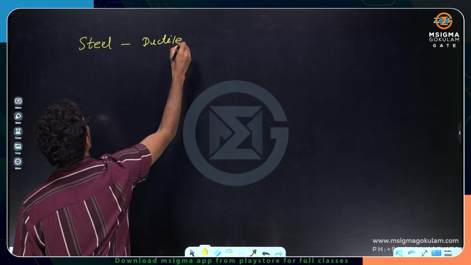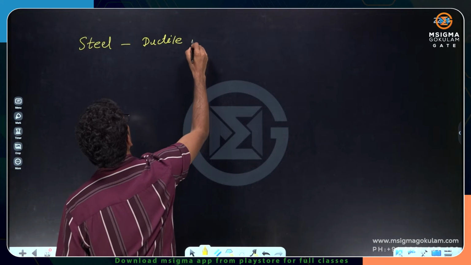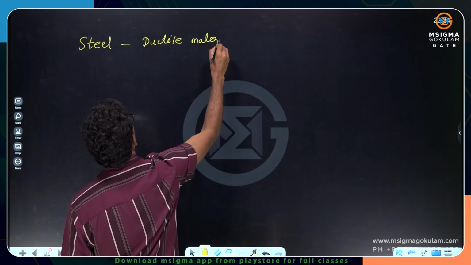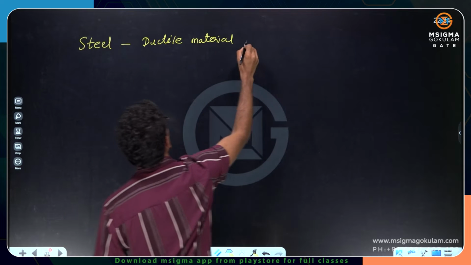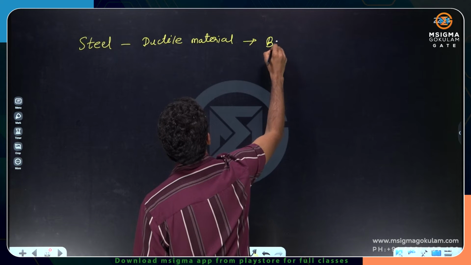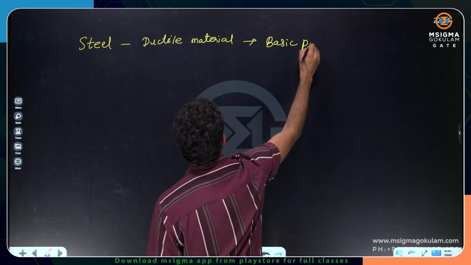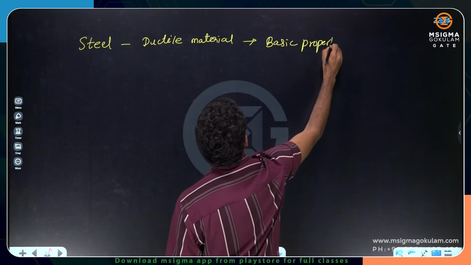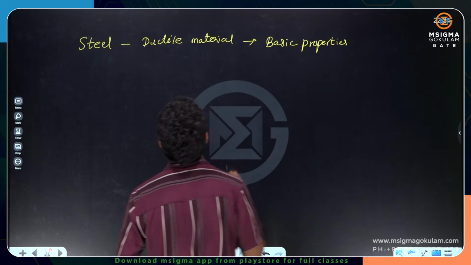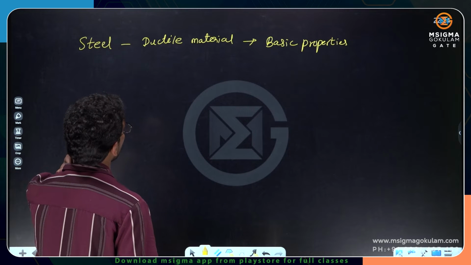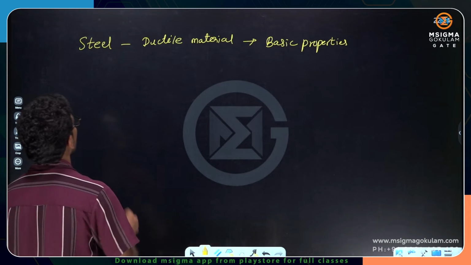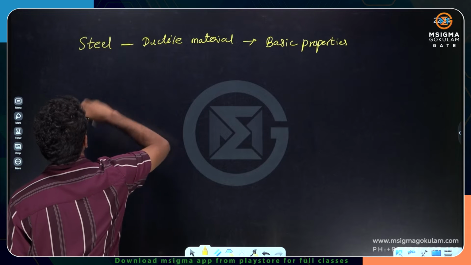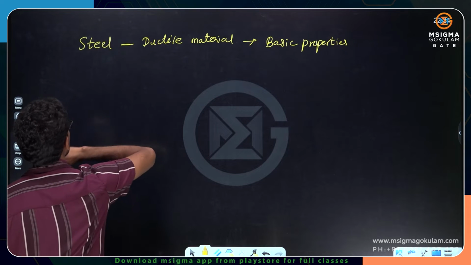Steel is a ductile material, and if it is a ductile material, what are the basic properties? Let us look at those basic properties now. Steel is one of that category essentially.